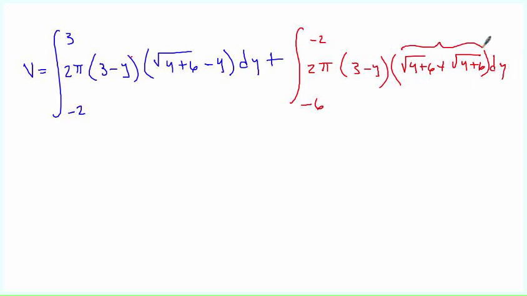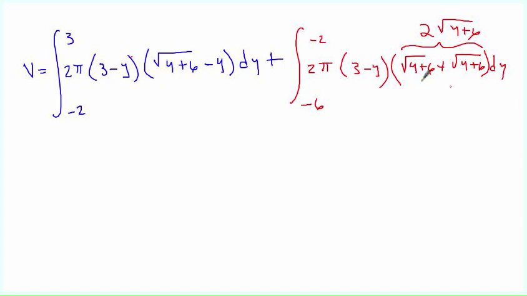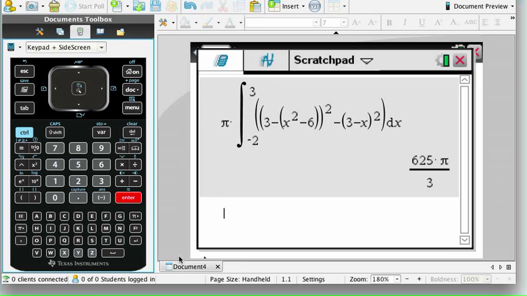So this becomes twice the square root of y plus 6, which makes sense because this distance is equal to this distance, so it's twice the same distance. That makes sense.